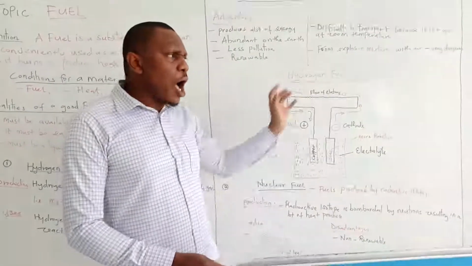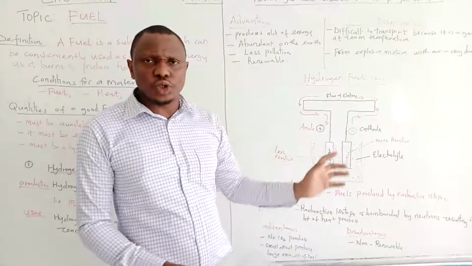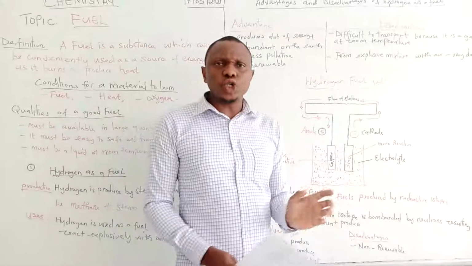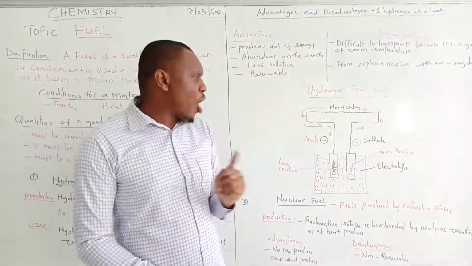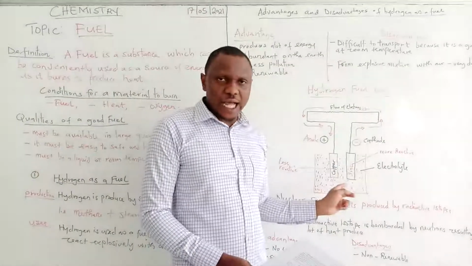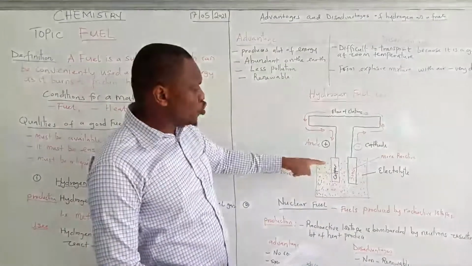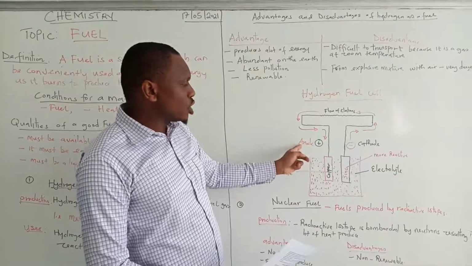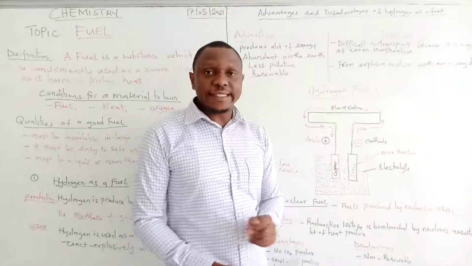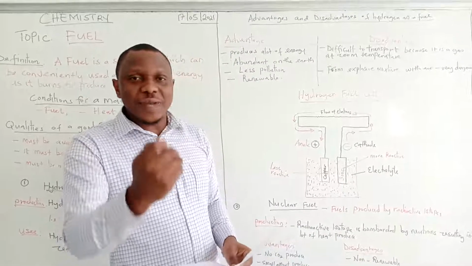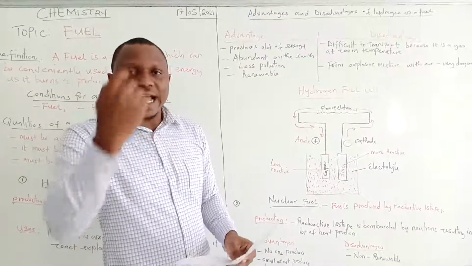Now, how is this cell produced? It is produced due to differences in the reactivity of these two metals. Looking at the two metals, the anode is made up of copper and the cathode is made up of zinc. The more reactive metal makes up the cathode.